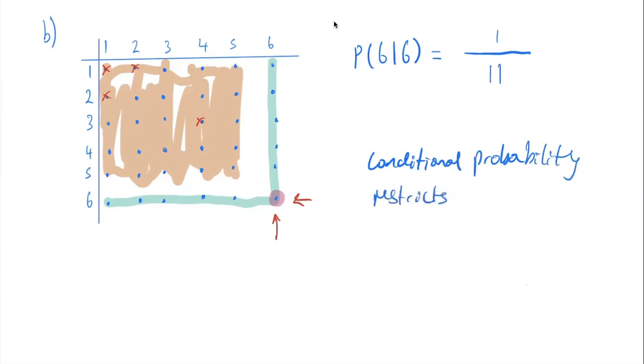So instead of having all of our 36 outcomes, we restrict it only to the common outcomes that we have.